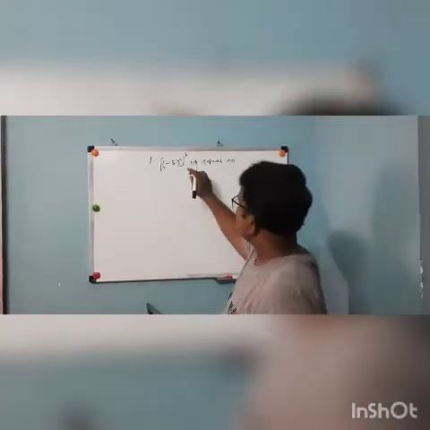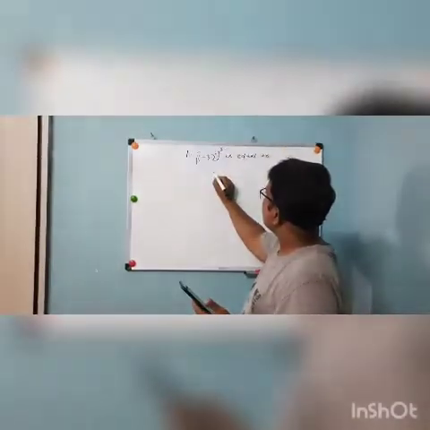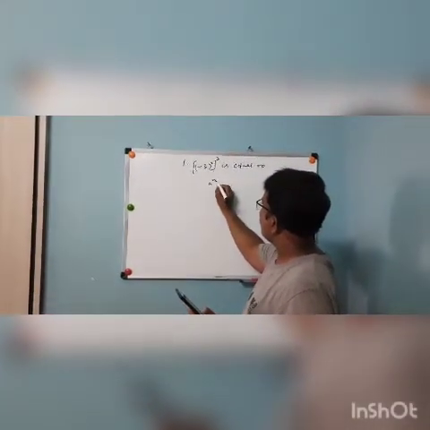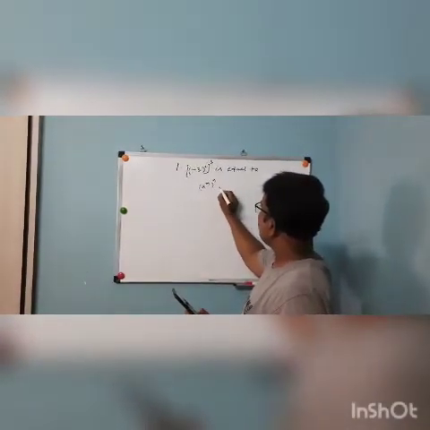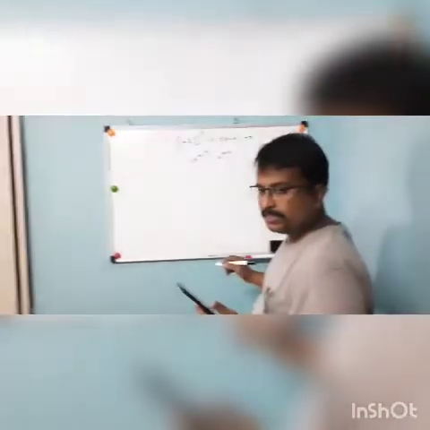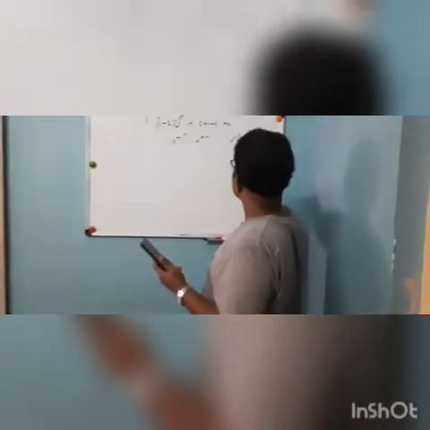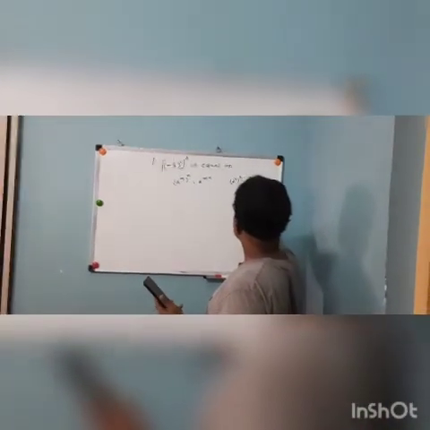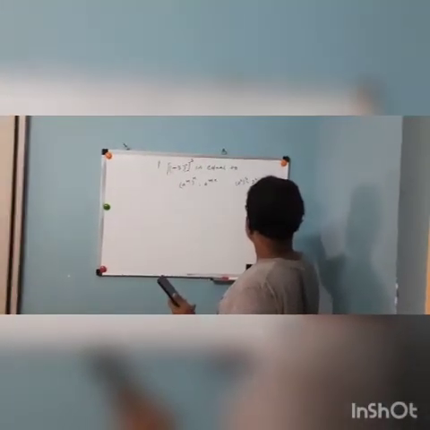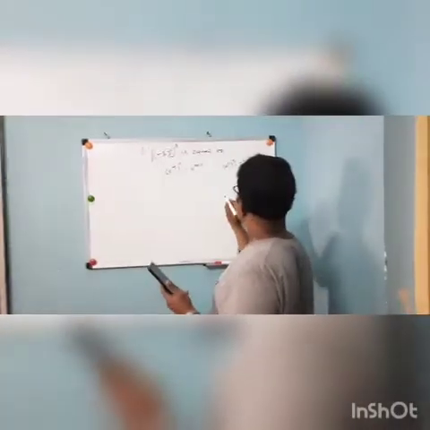First, this is in the form of the exponential law: a power m whole power n is a power mn. That means 2 square whole cube is equal to 2 square into 2 square into 2 square, that is 2 power 2 plus 2 plus 2, which is 2 power 6.